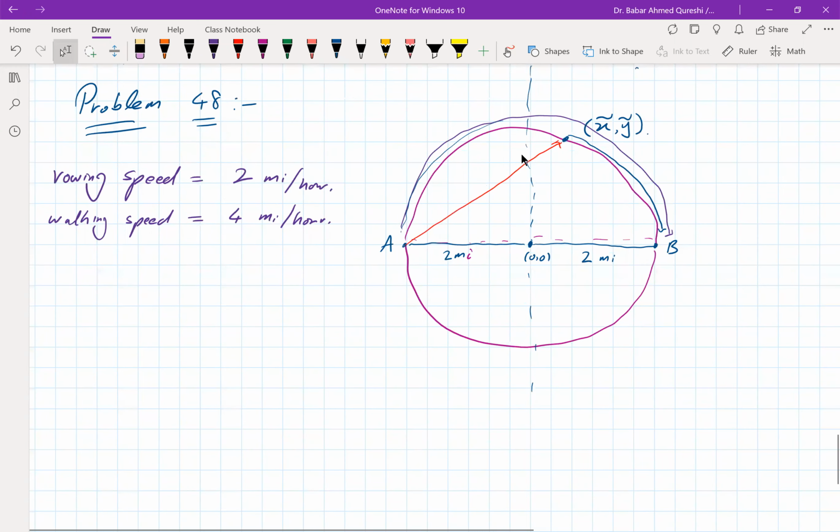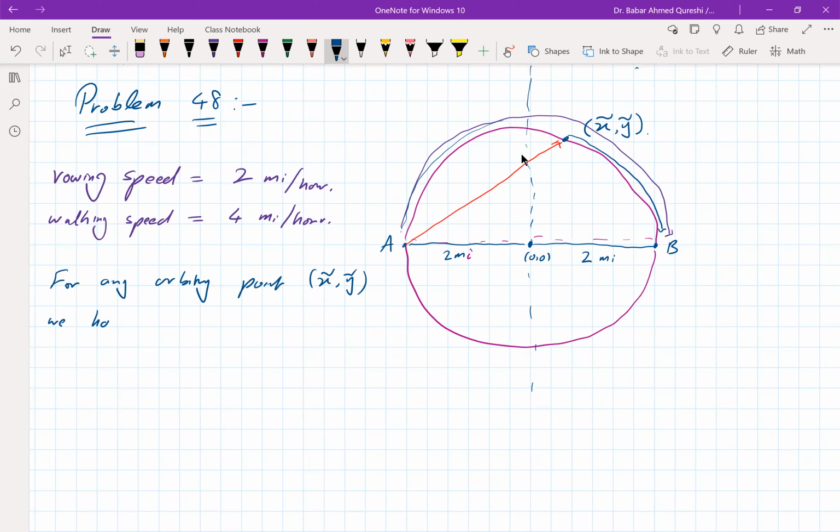For any arbitrary point on the circle, the equation of the circle is satisfied. So it doesn't matter which way she goes. She can go here and then walk. Or it could be this point, then she doesn't even row. She just rows for 0 seconds and then just walks. But this will be satisfied for all possible points.